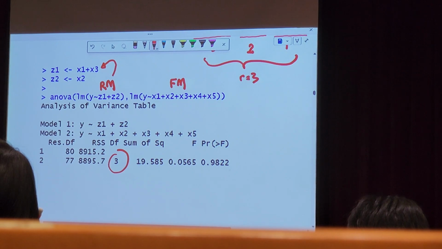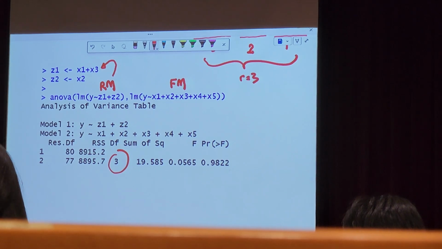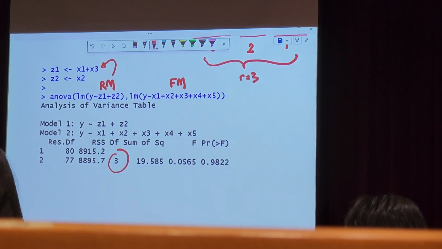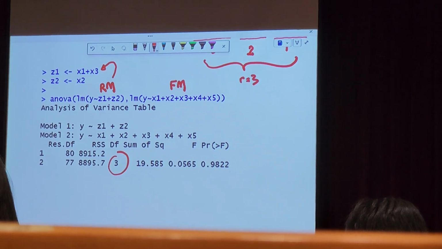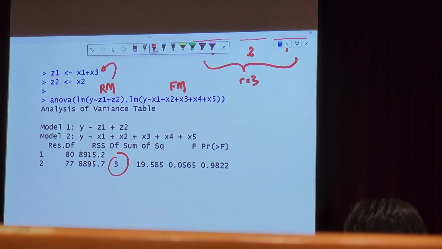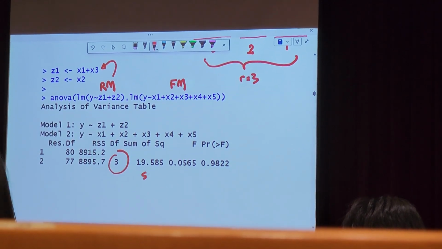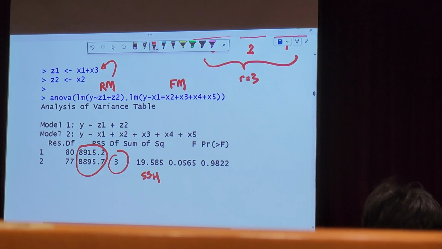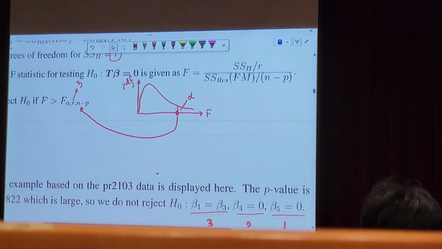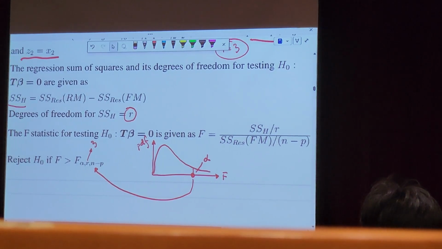If you compare these 2 models, that would be your R. And the difference of the 2 residual sums of squares will be our sum of squares. This is SSH.